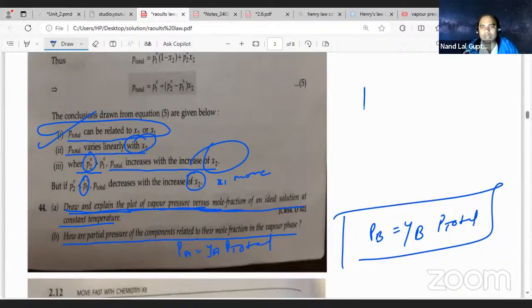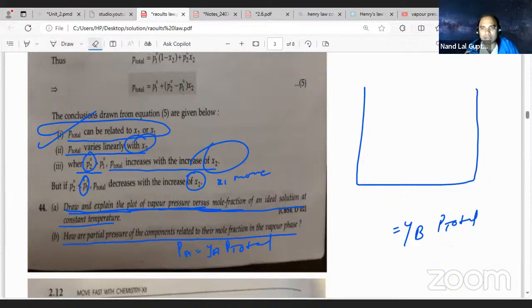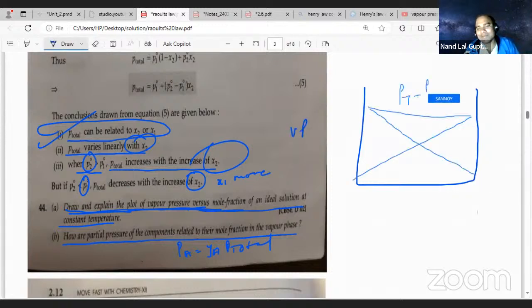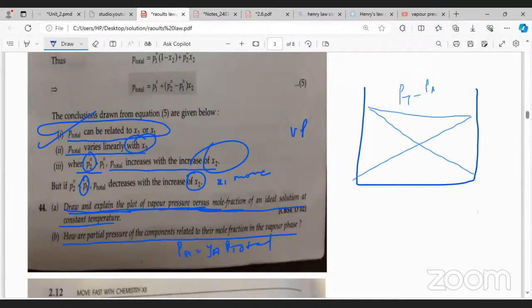So how were we doing this diagrammatically? If I consider these two lines, this is the vapor pressure. If you are considering this one, P2 should be more. Which one is P2 then? This one is P2, this one is P1.